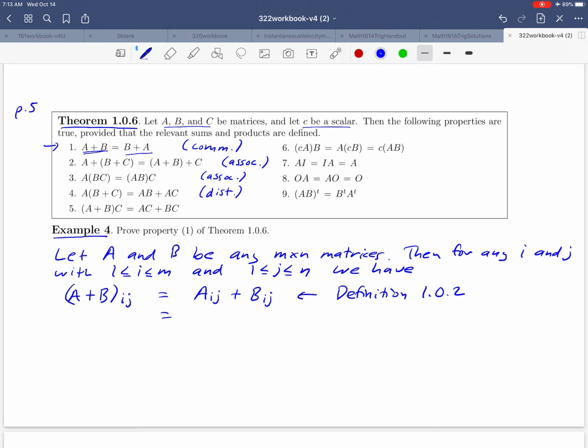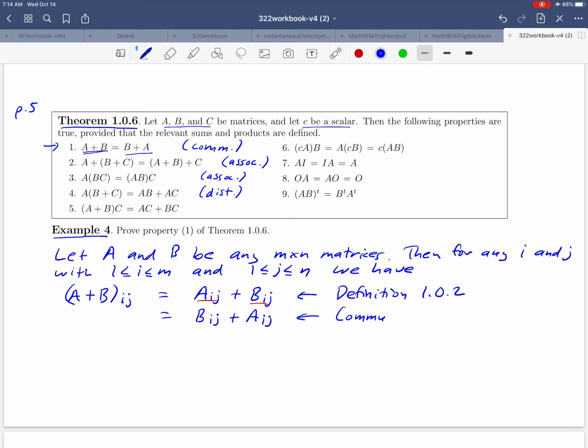But then I claim that we can change the order of those two entries. We can write that as Bij plus Aij. How do we know that we can do that? Well, basically what we're using here is the fact that these two numbers, they're not matrices anymore. Those are just real numbers. They're entries in our matrix. And we know that addition of scalars is commutative.